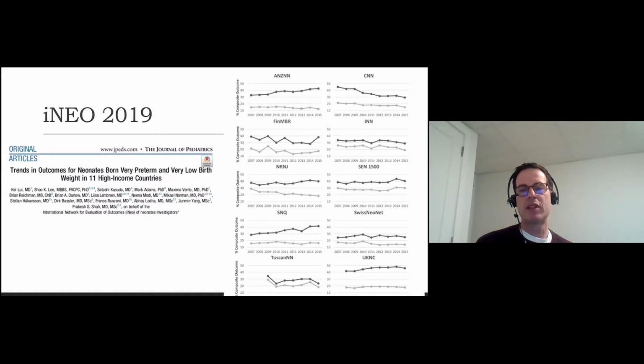One of the differences is that we implemented EPIQ in Canada, and it's speculated that the reductions in BPD over time may be in part related to the great work done through the Canadian Neonatal Network and EPIQ to interpret what best practice is and then apply that for sustained change. So that's some evidence suggesting that the great work being done with EPIQ might be making a difference, not so much to some of the other outcomes, but at least to the realm of BPD.